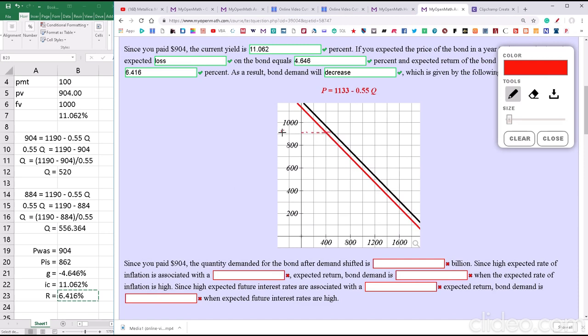Okay, and we'll write 904 here. And this is price. And this is quantity. And this is demand 0. And this is demand 1. Okay? And then demand shifted inward. Inward shift.